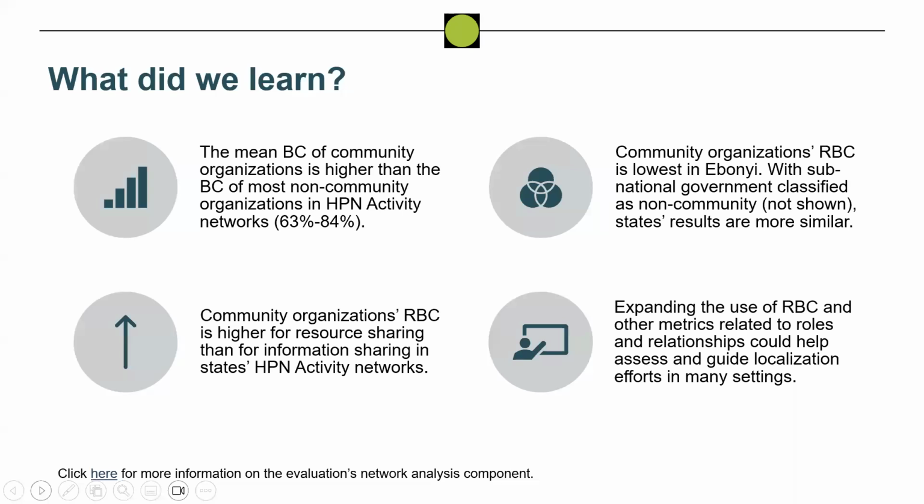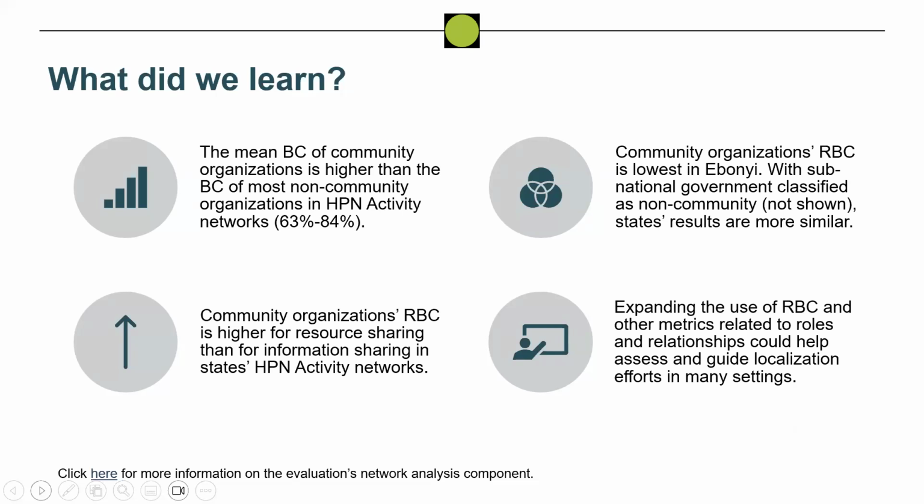And finally, this analysis gave us a lot to think about. For example, what can a novel metric like relative betweenness centrality tell us about how localized programs are, what they should be aiming for, and the probable effects on sustainability? How can we interpret these results alongside other Sentinel indicator findings and over time?